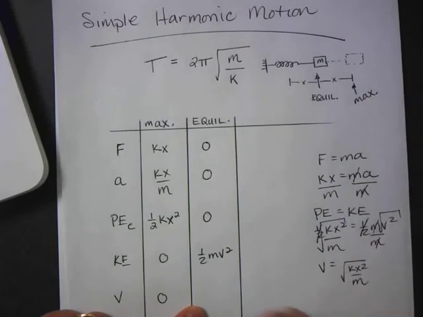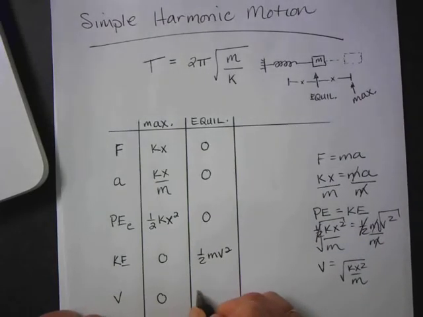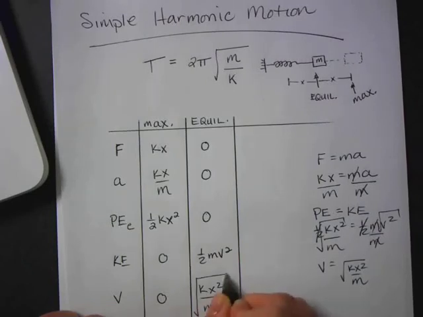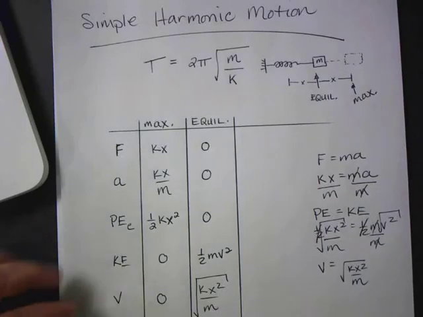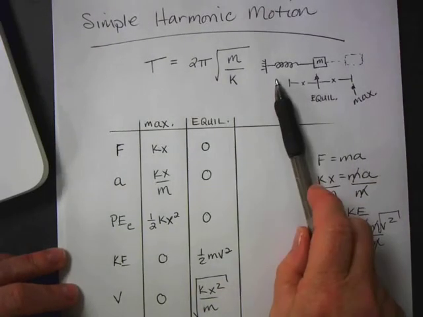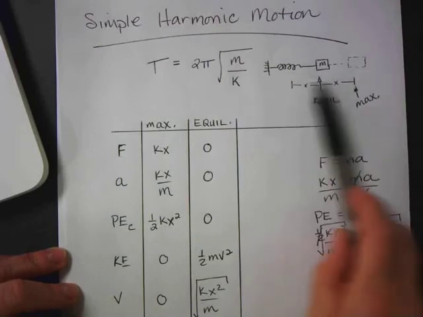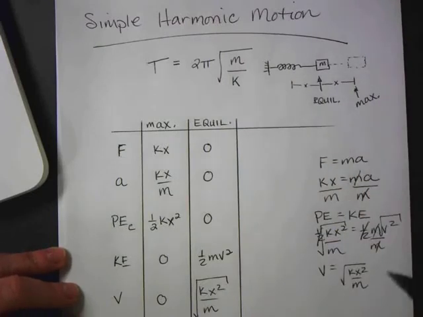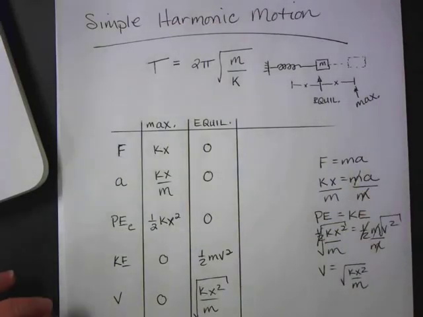So the velocity will equal the square root of kx squared over m. And that's going to go right here. Kx squared over m. Square root.